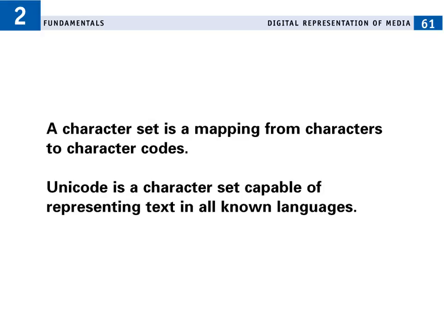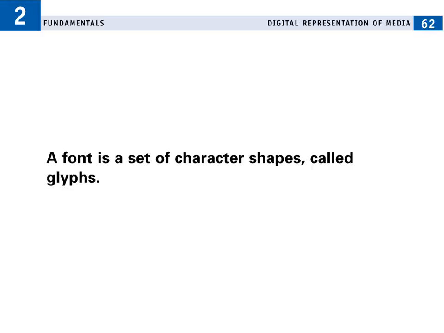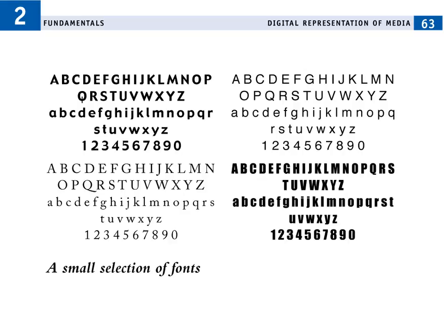All the languages are included in Unicode. A font is a set of character shapes. It has a special name called a glyph. Like this, there are several different fonts.